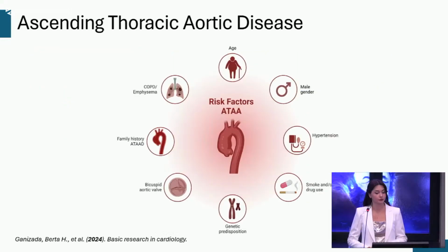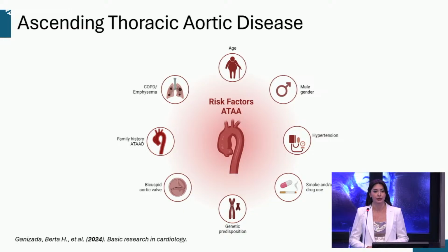In 2024, we published a paper where we discussed the pathophysiology of aneurysm disease. Here we also summarized the risk factors, and I would like to highlight now the most important ones. So we know that males above 65 years old have an increased risk for aneurysm formation, but also males who have systemic hypertension.